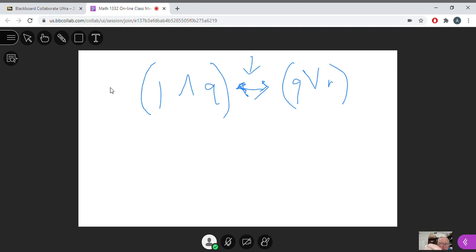So, if we have something like this, P and Q, if then Q, R, anytime you have these sorts of things right here, they always take precedence over the operation itself, over an arrow or two arrows.